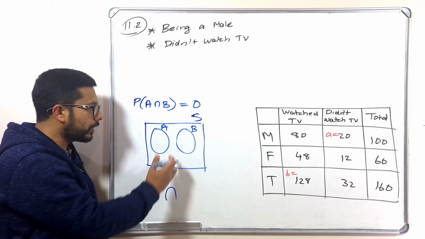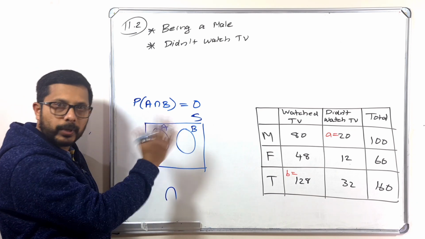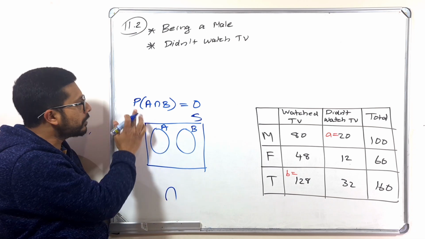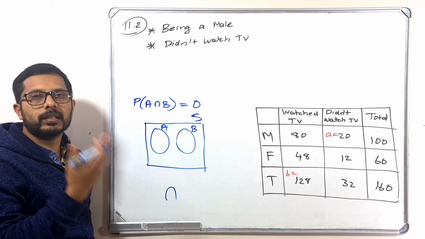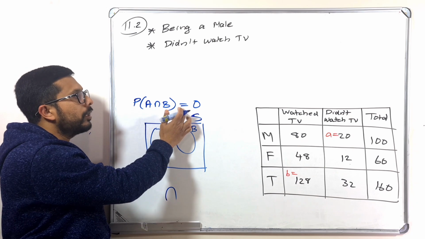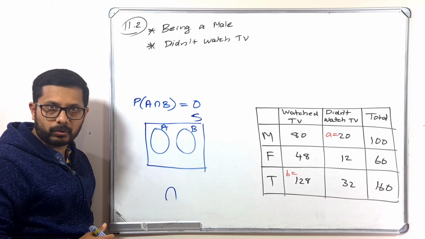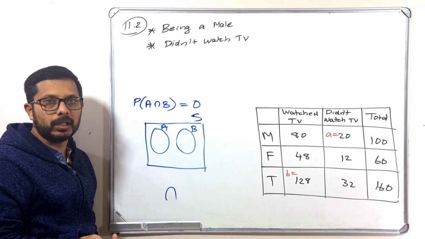You are supposed to get the answer 0 if it is mutually exclusive.